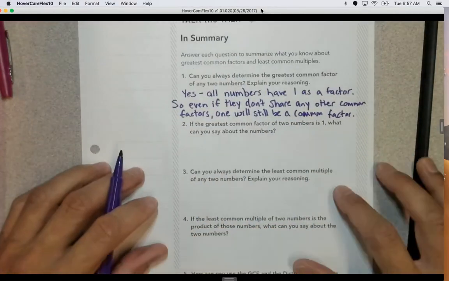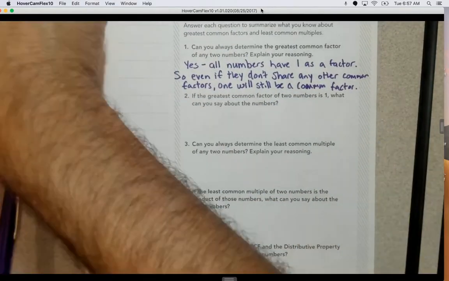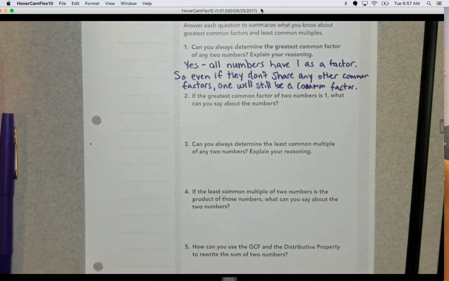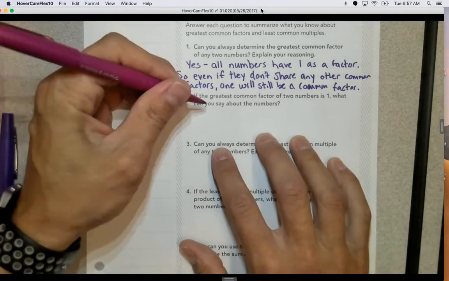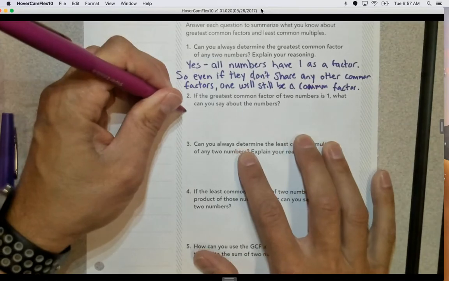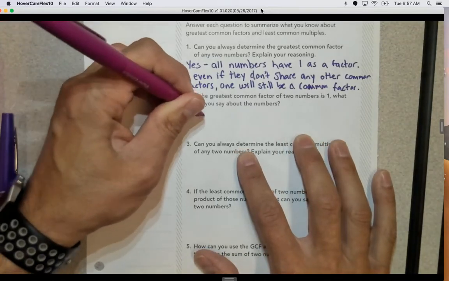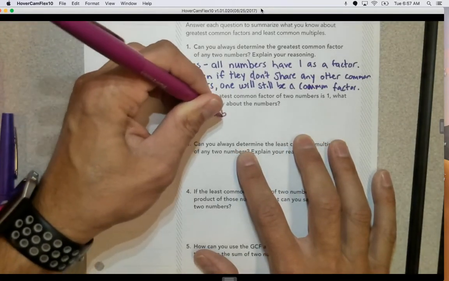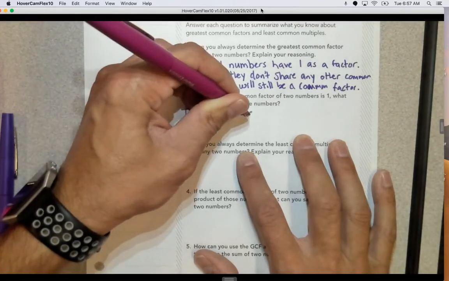If the greatest common factor of two numbers is 1, what can you say about the numbers? Okay. Well, what they kept on putting in there is the numbers are then relatively prime.